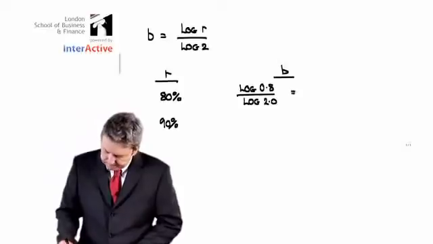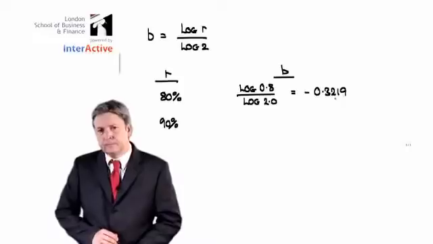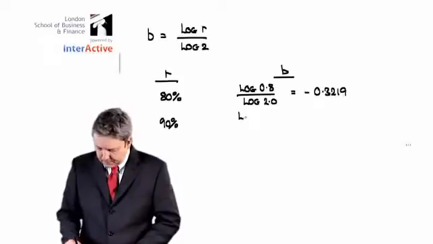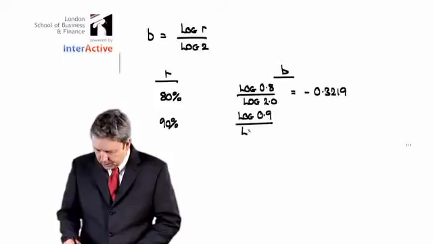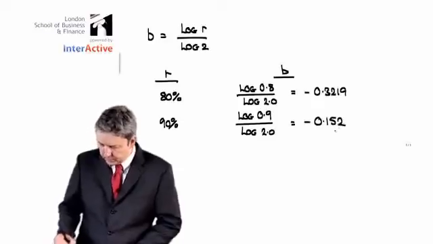What we end up with here is minus 0.3219. And if we did the same for 90%, the log of 0.9 over the log of 2, we end up with minus 0.152.